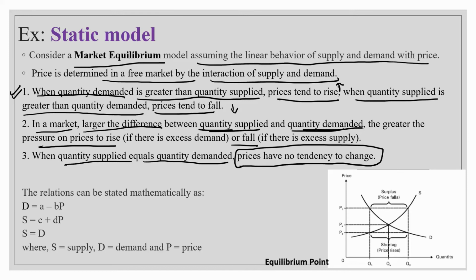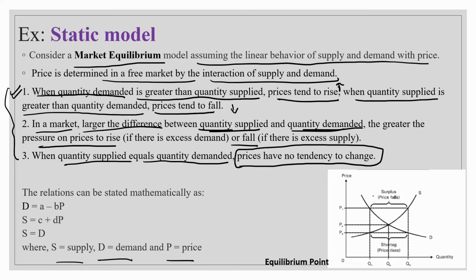All these three things can be written mathematically as this, where S is for supply, D is for demand, and P is price, and A, B, C, D are the parameters determining with what percentage the price is increasing or decreasing.